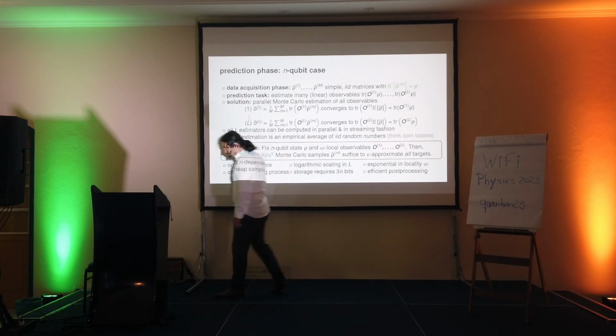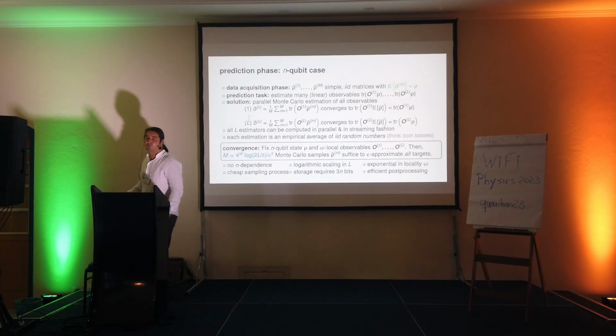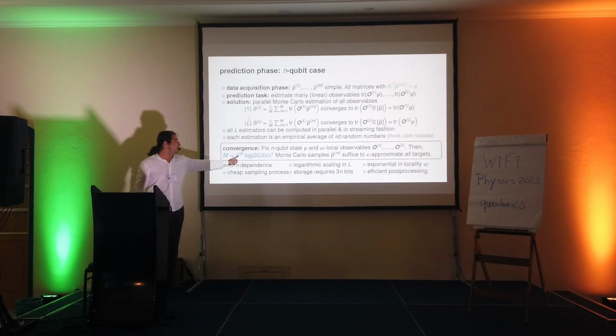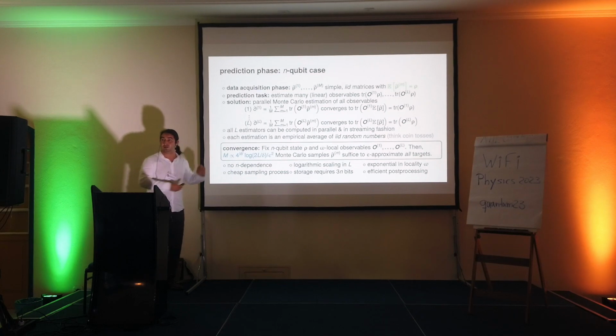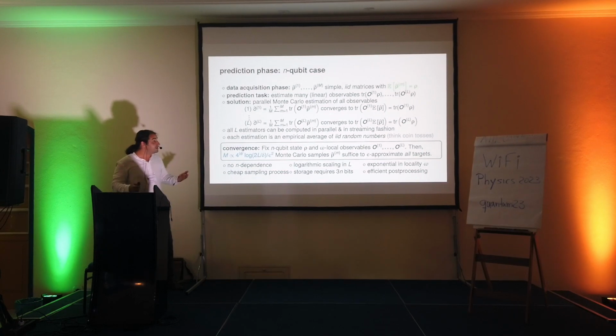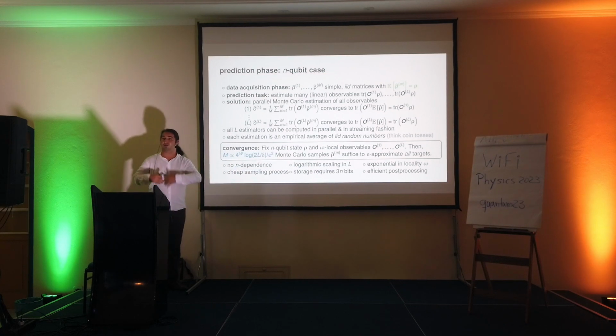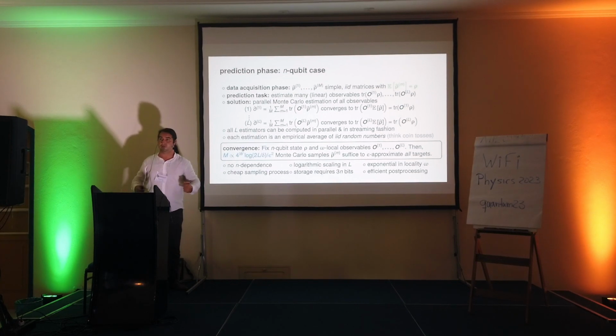The price we pay, and I will talk about potential improvements, is that we have this exponential scaling in the locality of all observables. This is what limits us. But there are alternative approaches that don't have this issue. And I really want to emphasize that the sampling process, how to generate the randomness, is easy. You prepare your quantum state, you do single qubit rotations, and you measure.